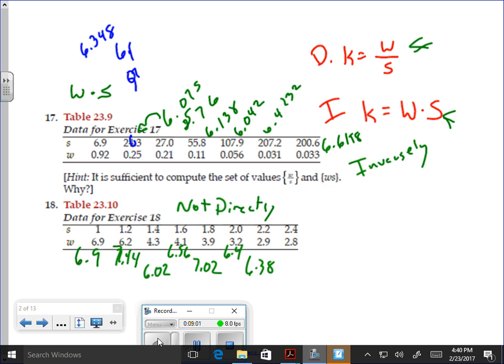And 2.4 times 2.8, 6.72. So all of these are between 6 and 7 when you round. And so it would be inversely proportional, at least more closely related to being inversely proportional than directly proportional.